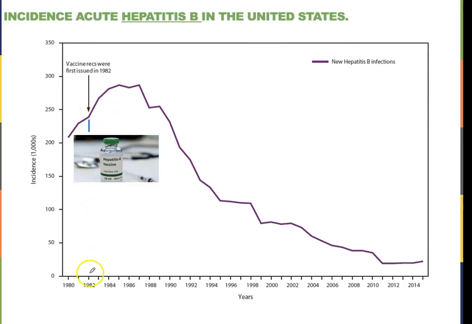And if you look at the years, from 82 to when it really started to go down, I would say right here, it really started to go down. Oh my gosh, I can't even read this because I'm not wearing my glasses. Welcome to my world. 1986, 87. So 5 years, okay? And then look at how the levels of Hep B have fallen over that time. So this is the miraculous work.